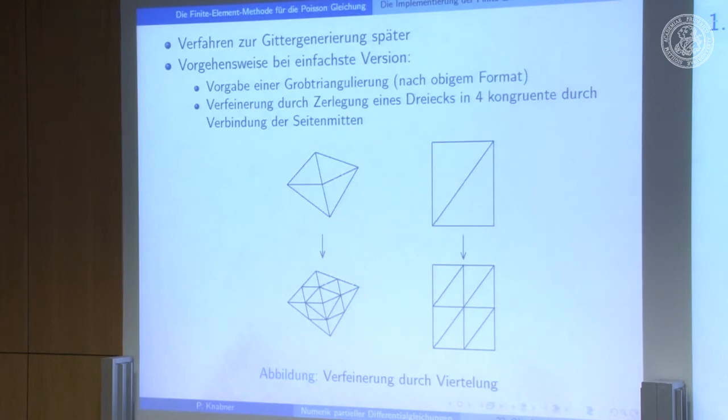But the flexibility of the finite element method in particular allows us to make our grid more dense at critical subregions of the solution. You may imagine a solution which is more or less flat in some parts, where you don't need too many discretization points, but then there are subregions where it changes very rapidly.